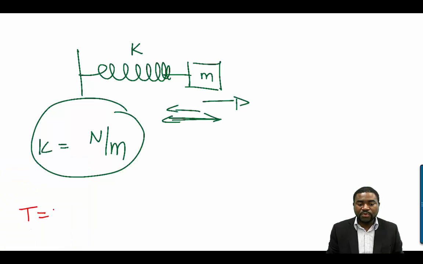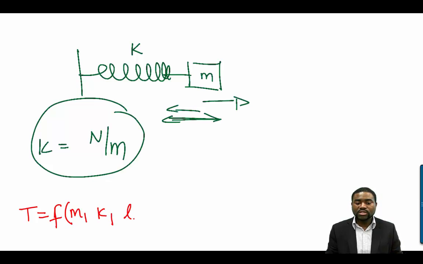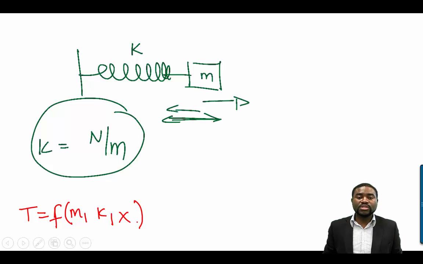So let's find out how the period T depends on the factors: mass, the spring constant, how far it's stretched. Let's use L for that. How about that? Can we use delta x? Oh, let's use x. Let's keep away the deltas and keep things simple for now. All right? Let's just use x. Everybody get to work.